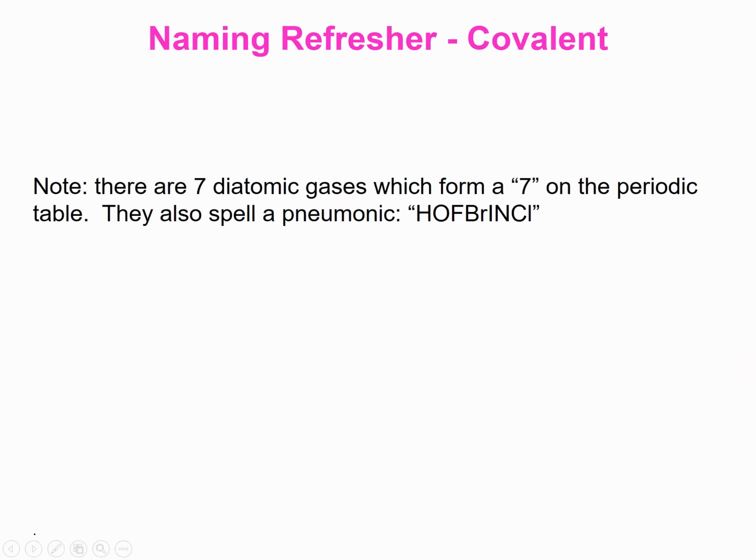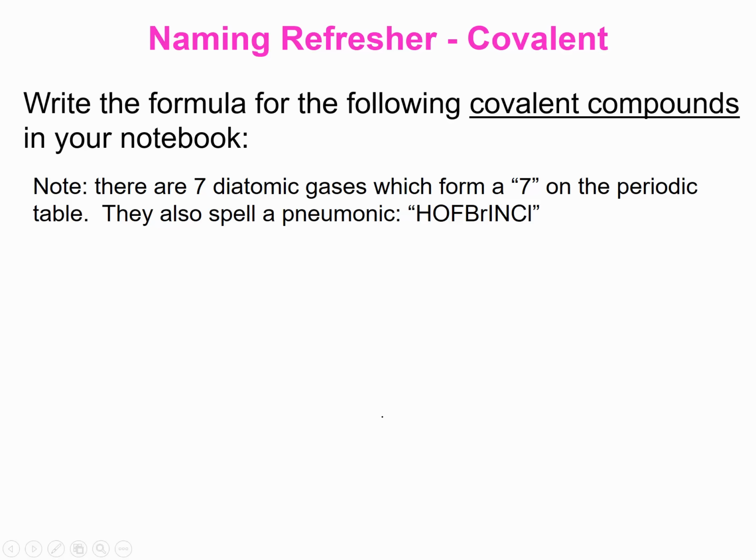Okay, so we're also going to have to review covalent, so naming covalent compounds. There's a note we need to make that gases are really common to form during chemical reactions. Gases oftentimes evolve as products. Sometimes they react on the reactant side, but many times they evolve from a reaction.